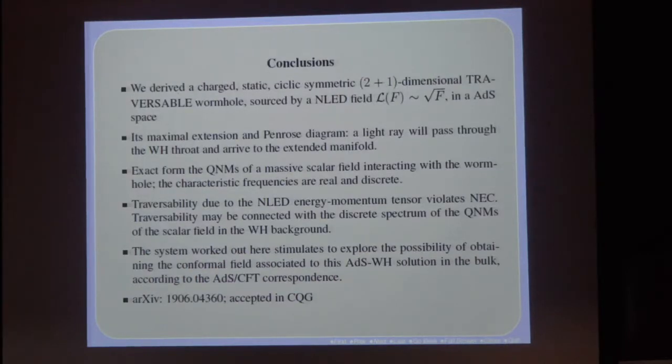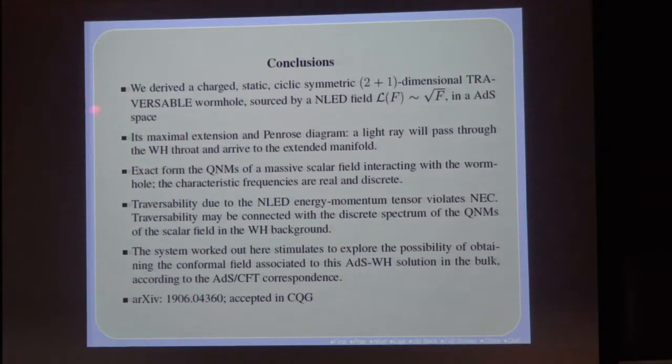Okay, I came to the conclusions. So we studied a circularly symmetric 2+1 dimensional traversable wormhole, as we saw. The field is a nonlinear electromagnetic one with a Lagrangian given in this way, and the presence of the cosmological constant is important.